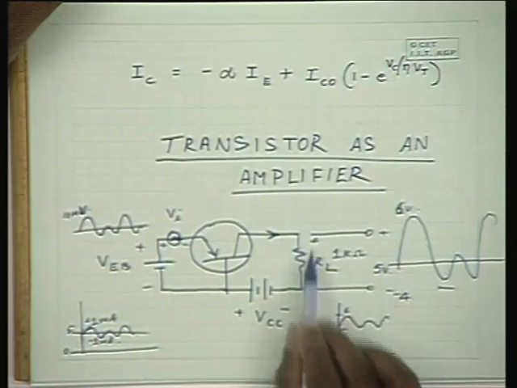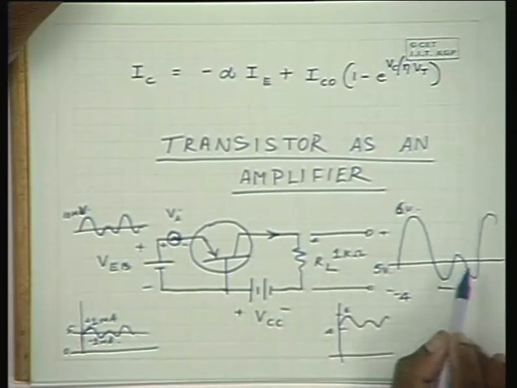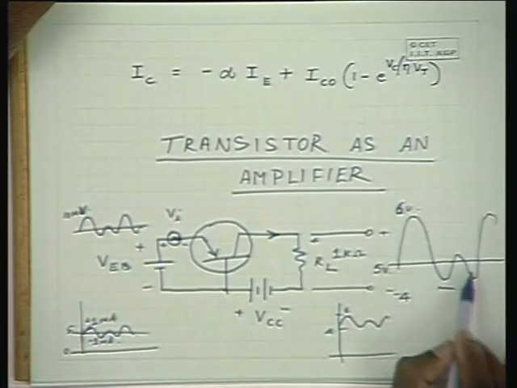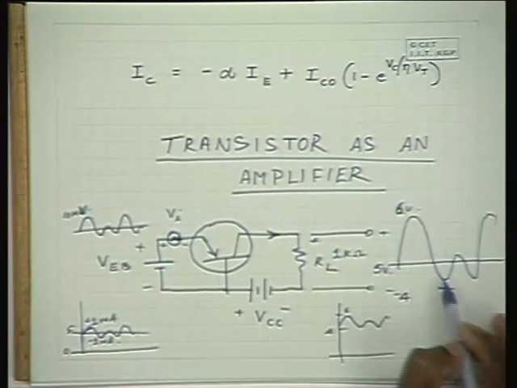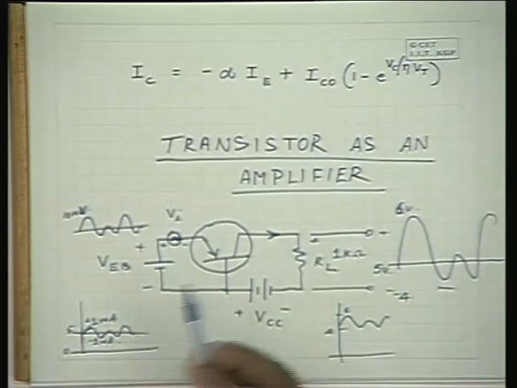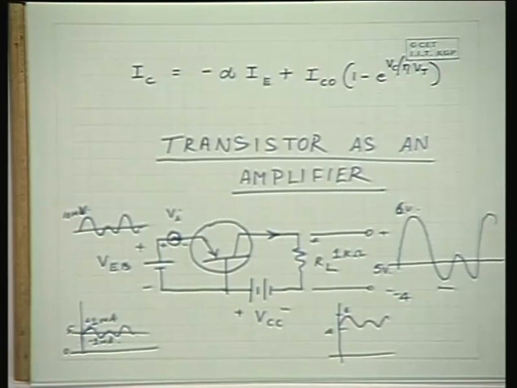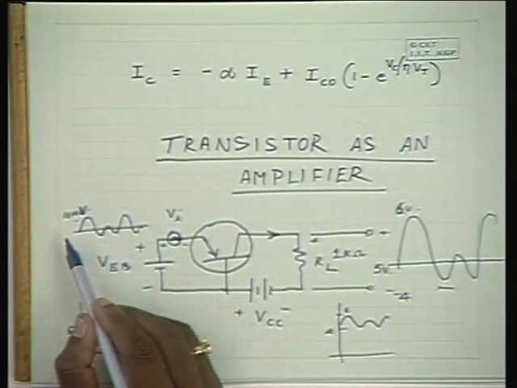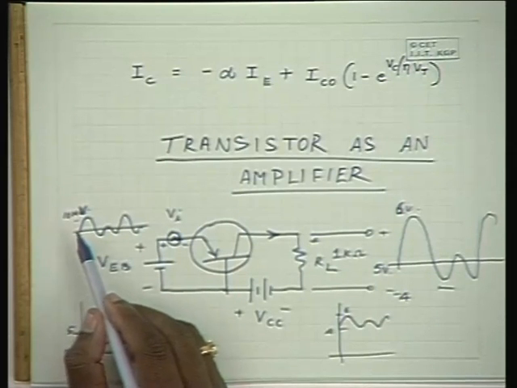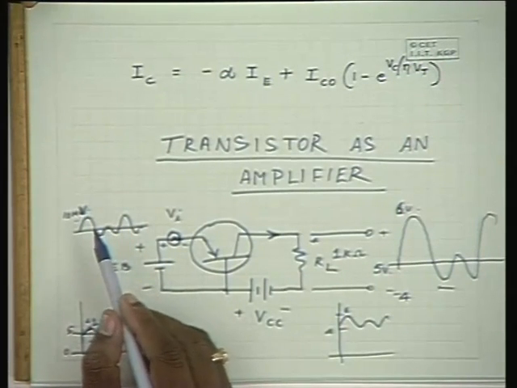So in addition to the DC voltage of 5 volts, you have the alternating signal coming out. What is the magnitude of the alternating signal? It is plus or minus 1 volt. Whereas on this side, what is the amplitude of the alternating signal? It is maybe a few tens of millivolts.